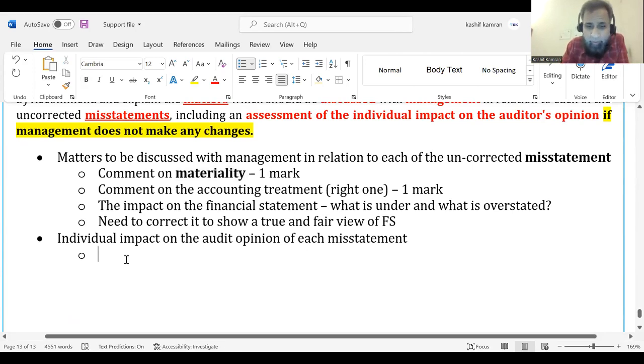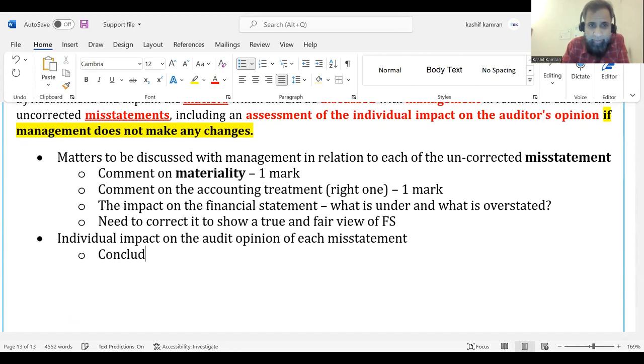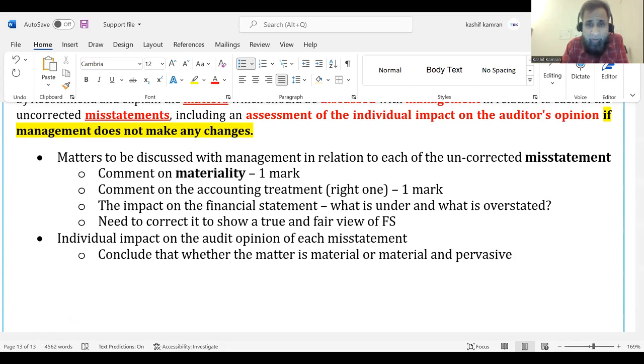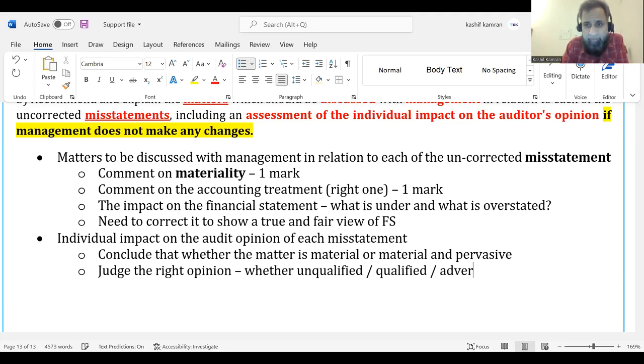So you will conclude whether the matter is material or material and pervasive, because you need to give an individual impact on the opinion. Then judge the right opinion: whether unqualified if it is an immaterial matter, or qualified if it is a material matter, or adverse if it is a pervasive matter.